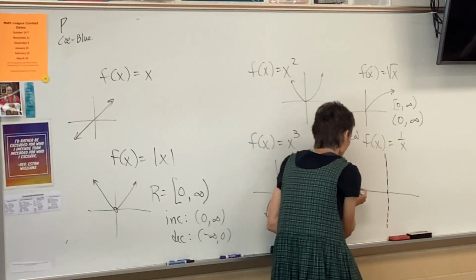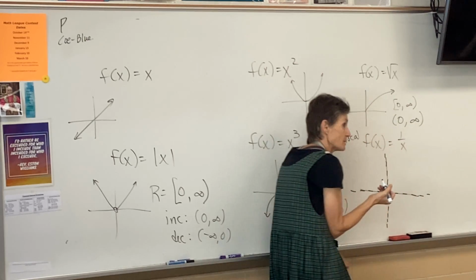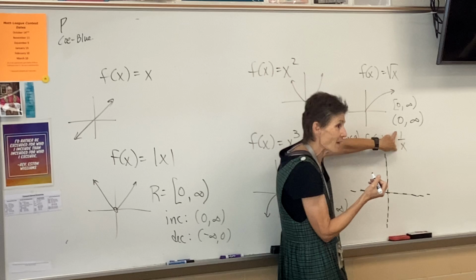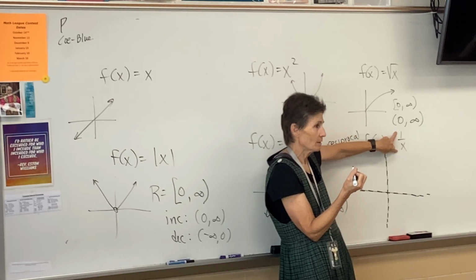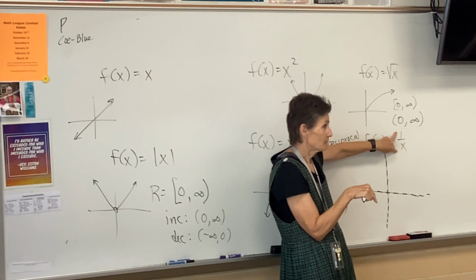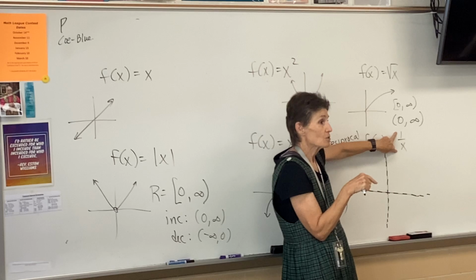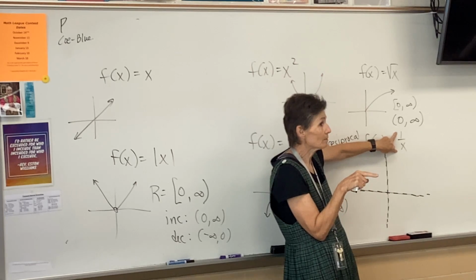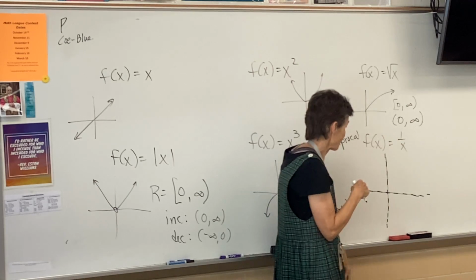But we also have a horizontal asymptote at y equals 0 because in that fraction, where's the biggest power? In the denominator, right? So whenever the biggest power is in the bottom, you have a horizontal asymptote at 0.